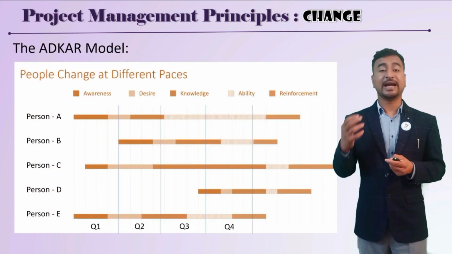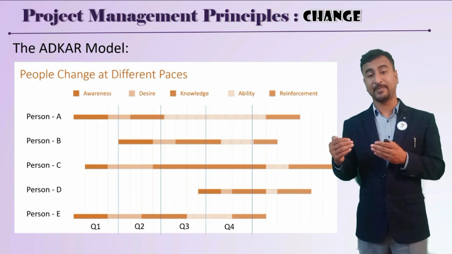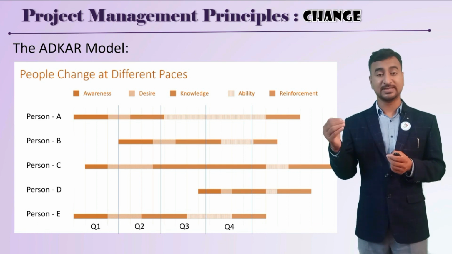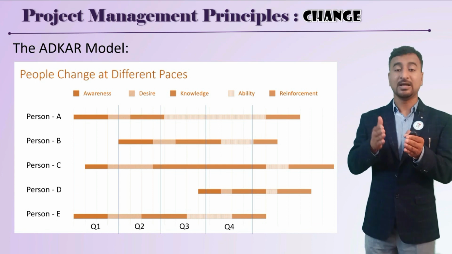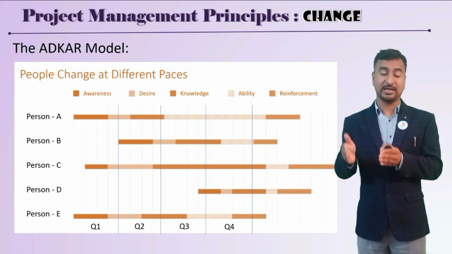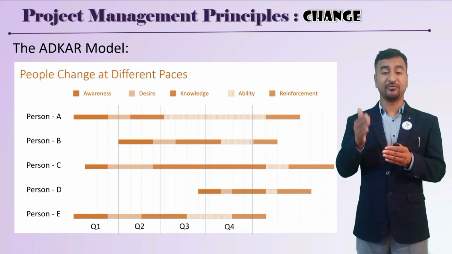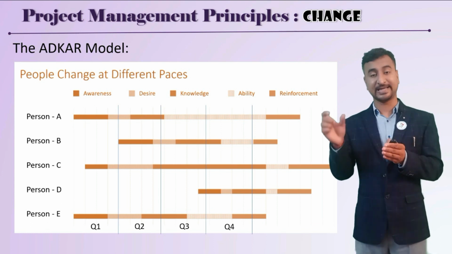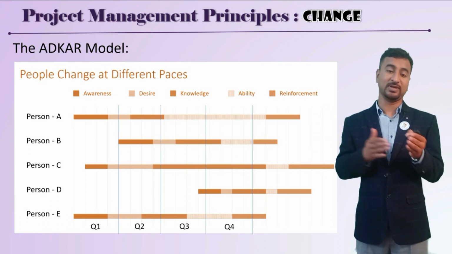And finally, in the ADKAR model, people change at different paces, right? It's not necessary that person A gets to a particular level of change at the same time as others. Person A might get there after Q5, but if you check the growth of person B, he reaches the state of ADKAR in a different time zone.